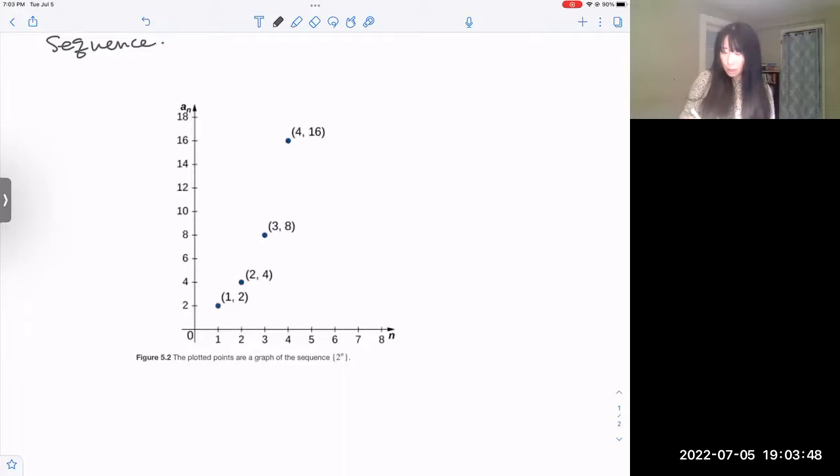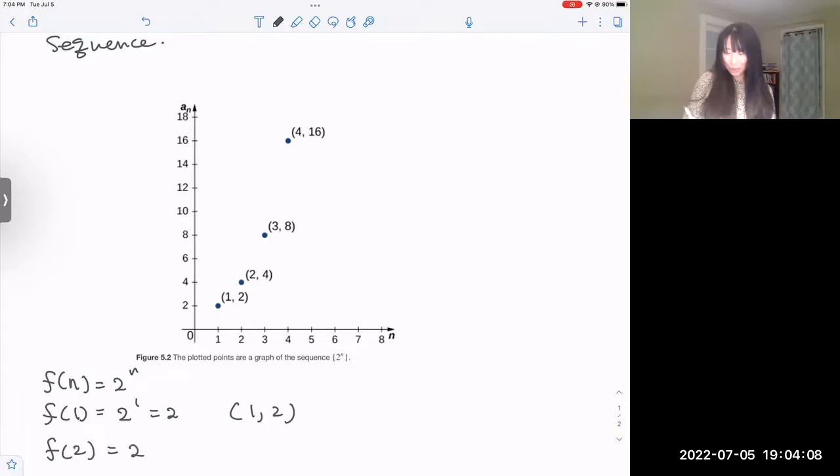Then f of n equal to 2 to the n. Then f of 1 is 2 to the 1, which is 2. So we get an ordered pair 1 and 2 here. And when n equal to 2, then 2 squared, which is 4. So 2 and 4. Yeah. So it's like that, right? Can you see that? But it's in dots, not the real numbers.